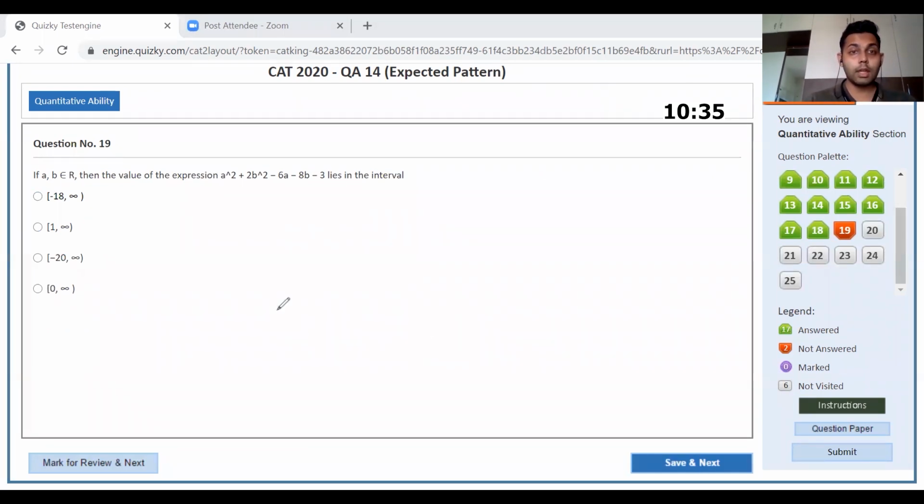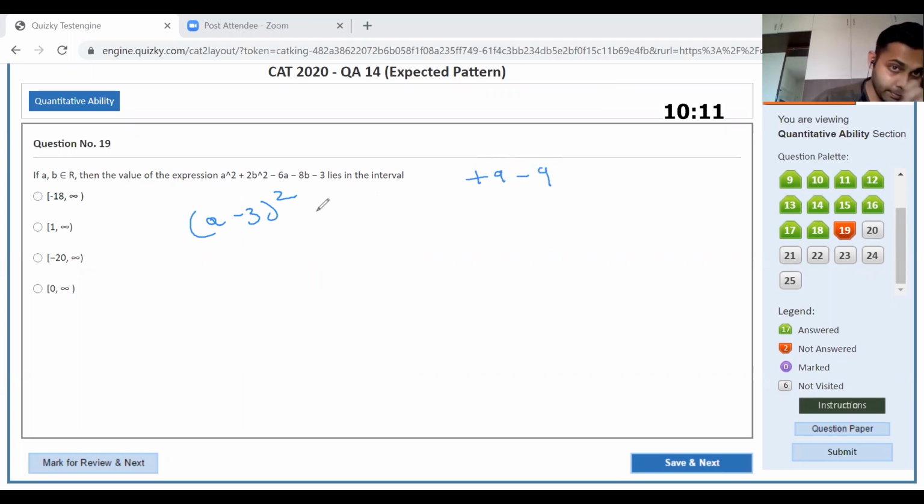Yeah, this was that quadratic I was talking about. So a square minus 6a, that is a minus 3 whole square, so I need to compensate plus minus 9.